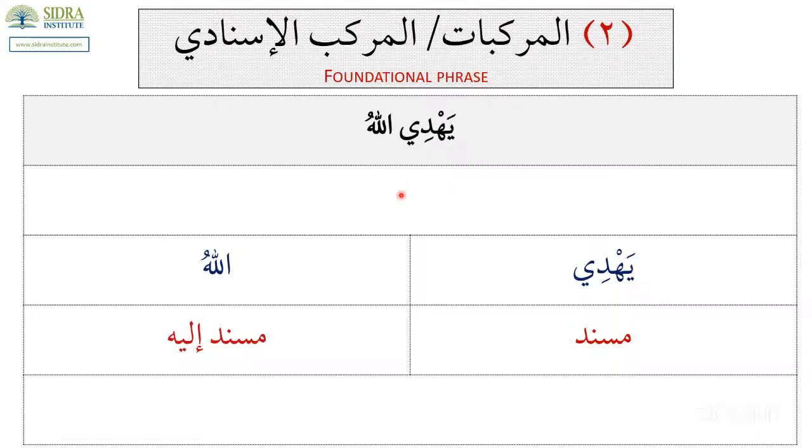Now these two words, Yahdi and Allah, become a complete phrase, which means that it becomes Murakkabun Isnadiyun, and it means Allah guides. So this kind of construct will be a complete sentence.